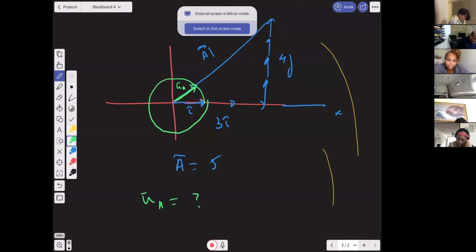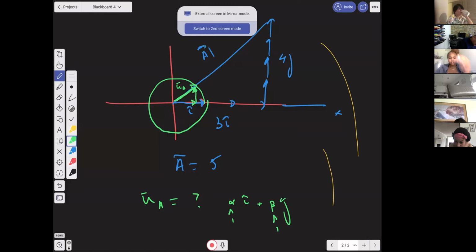Of course, it has components. It will have a small component, less than 1, in the i direction, plus something also less than 1 in the j direction. Do you agree?